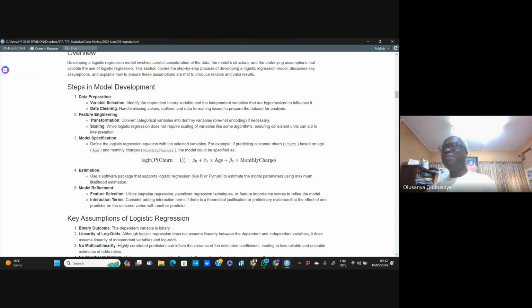What will be my independent variable, which variables are potential drivers of the dependent variable? If we are talking of depreciation or appreciation of Naira, what are the things that can cause that? Maybe our level of foreign reserve, maybe the inflation, maybe imported inflation, maybe our output, maybe whatever.